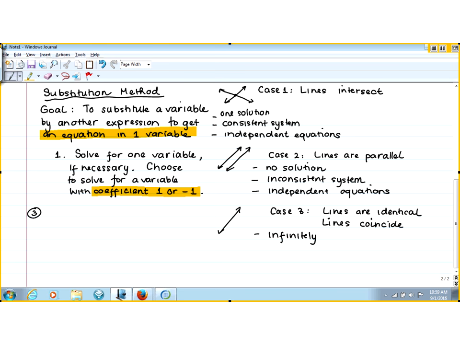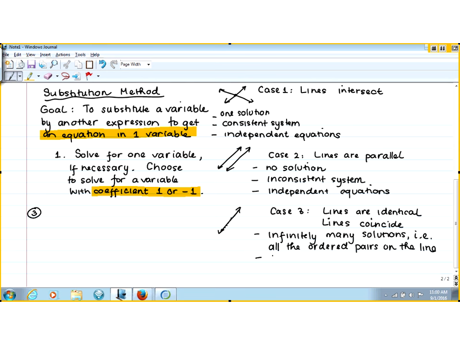Infinitely many solutions. Why is it infinitely many? What do I mean by infinitely many solutions? Yes, all the points, all the ordered pairs on the line. So there are infinitely many points on the line, right? So those are all the solutions.